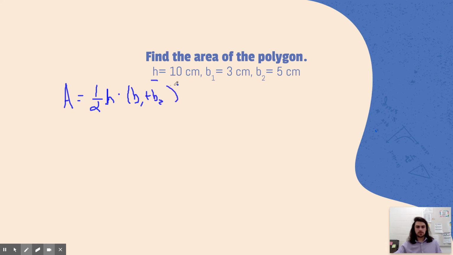Now look, they're even nicely labeled for you where you put things. So A equals 1/2 times 10 times 3 plus 5.